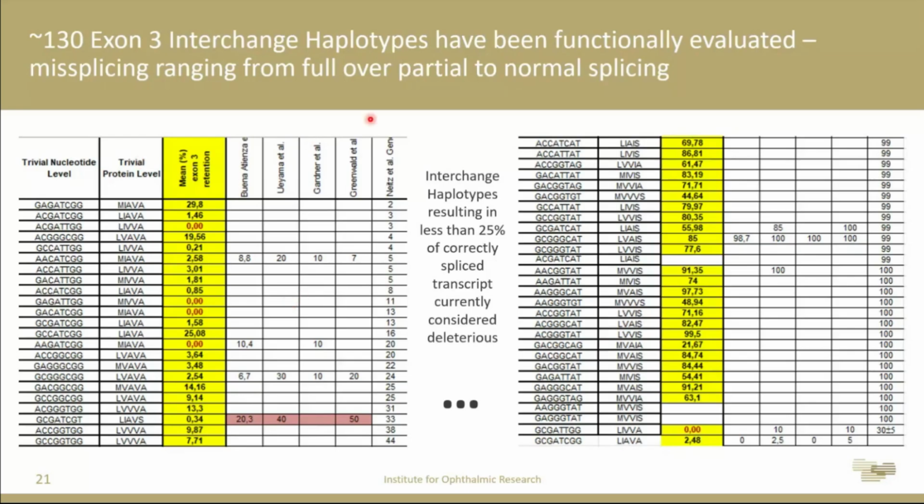Some of them result in complete missplicing of the affected opsin. Some result in partial missplicing, and some haplotypes present with normal wild-type like splicing. Currently, we consider interchange haplotypes resulting in less than 25% of correctly spliced opsin transcript as deleterious. But there is no functional proof or evidence to that. This is a line that more or less we have set for ourselves.